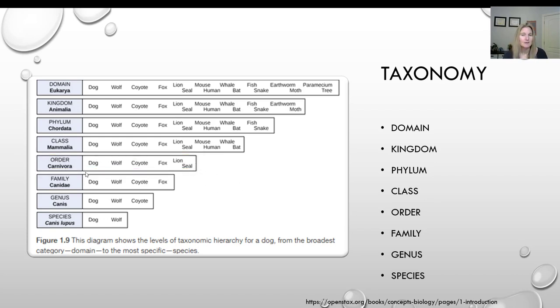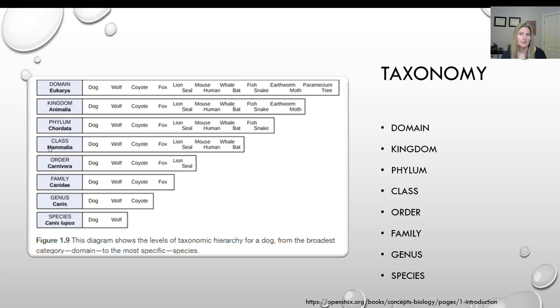So they are actually part of order Carnivora. So that's broadening it even more. And dogs, wolves, coyotes, fox, lions, and seals all provide milk for their offspring, just like us humans and whales and bats. So we could look at the broader classification of class. So we're all in the class Mammalia.